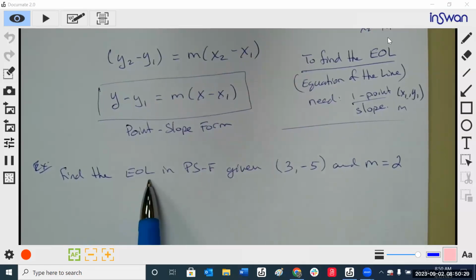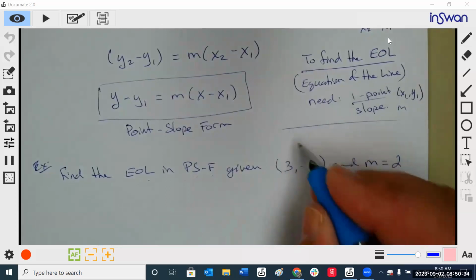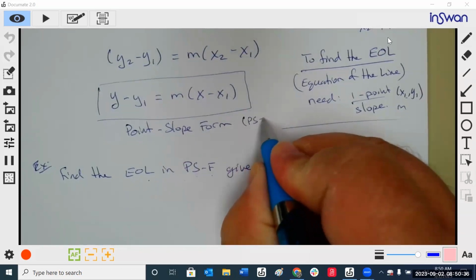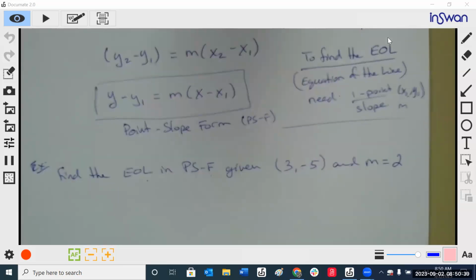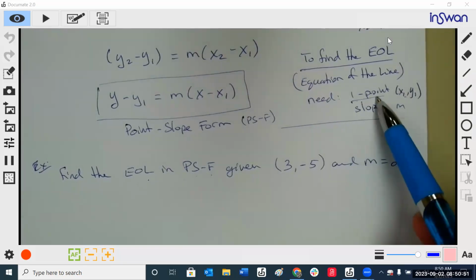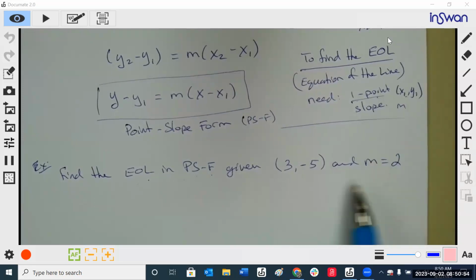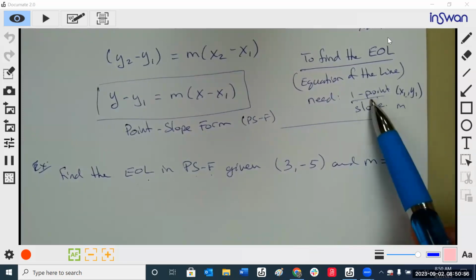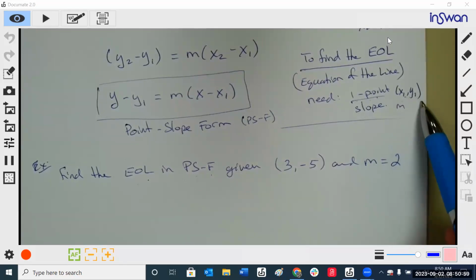Find the equation of the line in point slope form, PSF. If I give you this point and that slope. Remember, here's the equation line. Do I have a point in the equation in my problem? Yeah. So if I have a point, though, that goes in place of x1, y1. And I have the slope that goes in place of m.